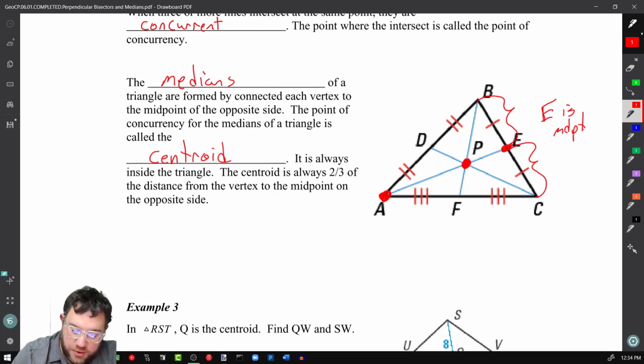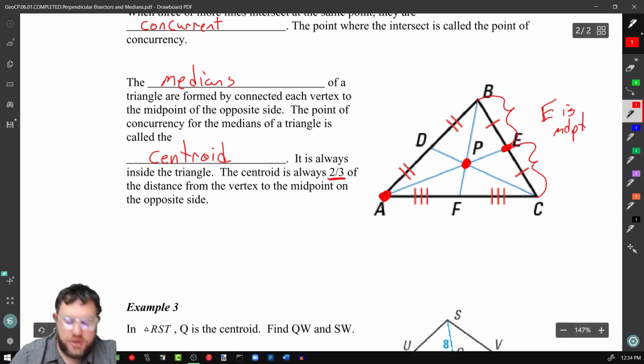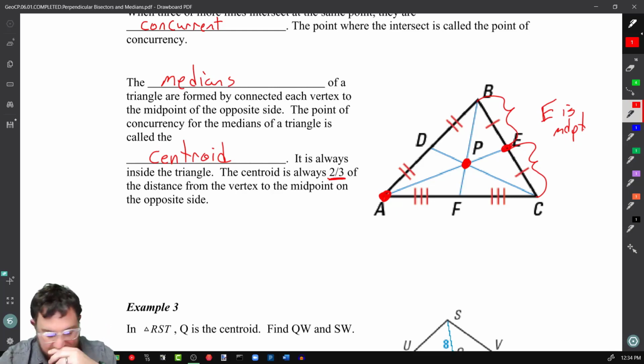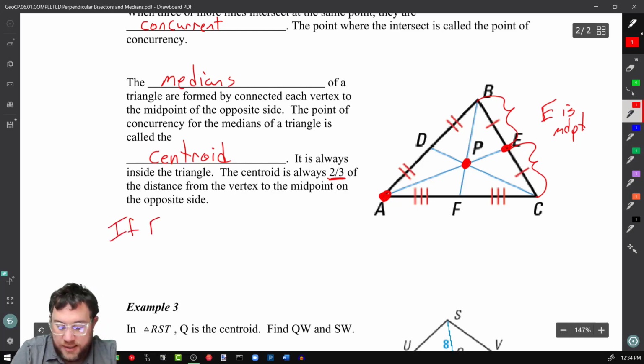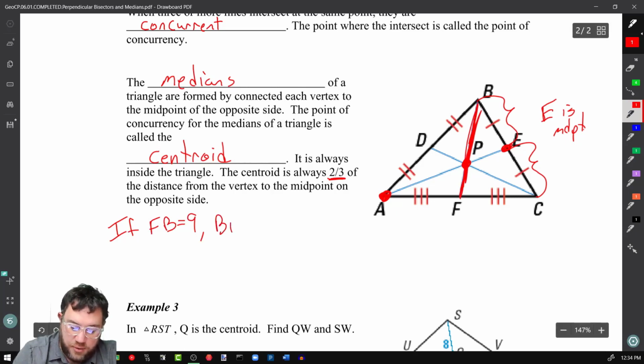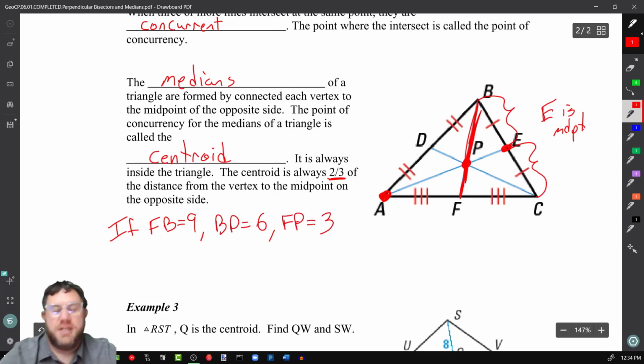Now, the centroid is always 2/3 of the distance from the vertex to the midpoint on the opposite side, which means that if FB were 9, if that whole thing is 9, then we know BP would be 6 and FP would be 3.